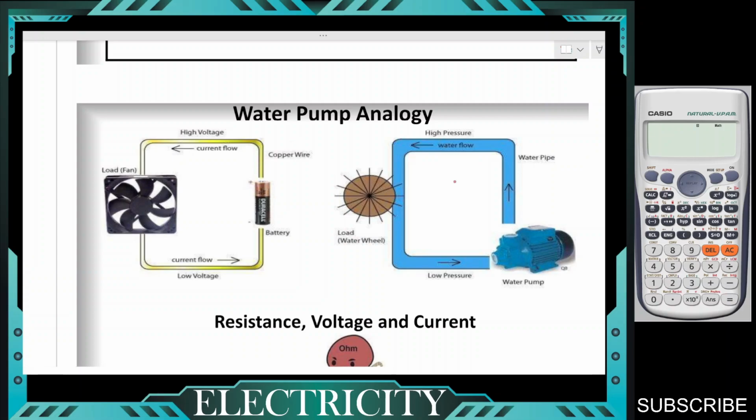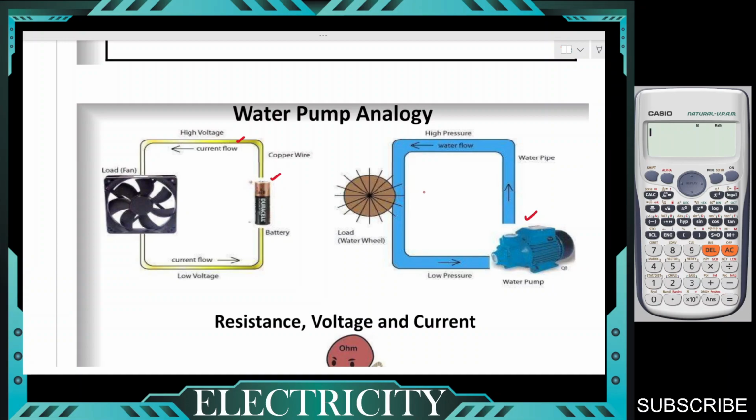In the water pump situation, there is a water pump that pumps the water, that provides the energy to the water. So the water would correspond to the current. The pump that provides the energy to the water would correspond to the battery, which provides energy to the charges.